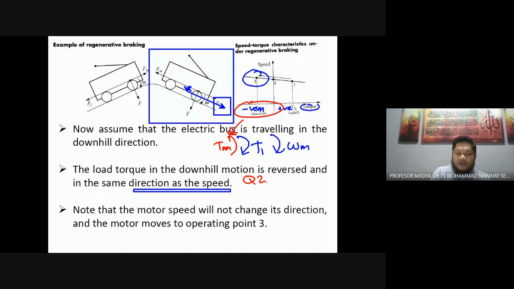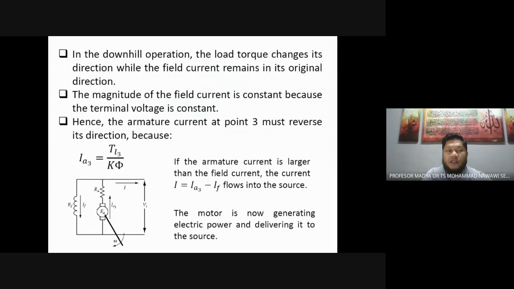Note the motor speed will not change direction. The load torque changes direction while the field current remains in its original direction. So in terms of circuit, this is what you're going to see. Right? You have the field still in that direction.